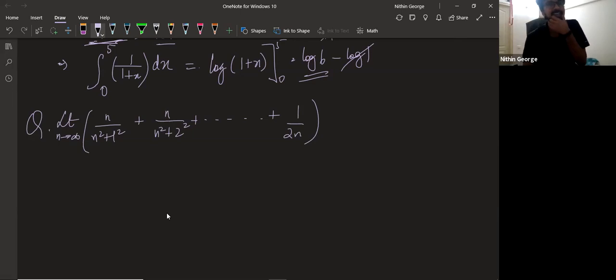Okay, next is this. Try this question. First thing you do is convert it into sigma form. You have to find the value of this limit.